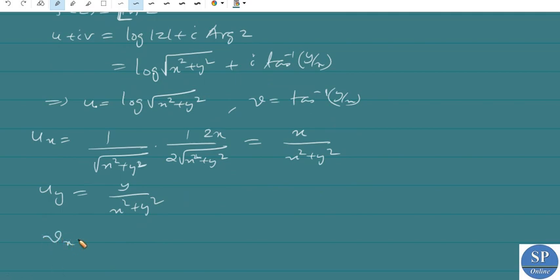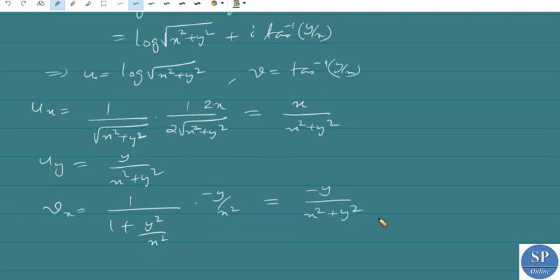Now vx is equal to the partial derivative of v, tan inverse of y by x, with respect to x. So 1 by 1 plus y square by x square into the derivative of y by x with respect to x, that is minus y by x square. So this is 1 by x square plus y square divided by x square, and this x square can be cancelled. So we have vx equal to minus y divided by x square plus y square.